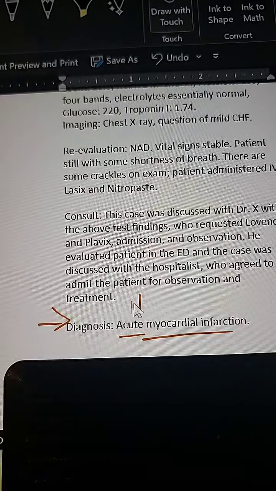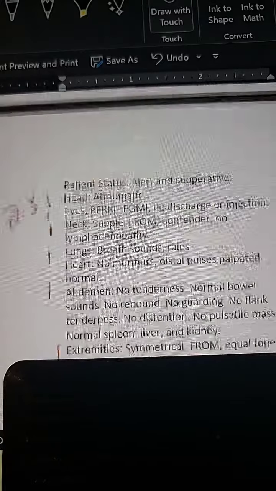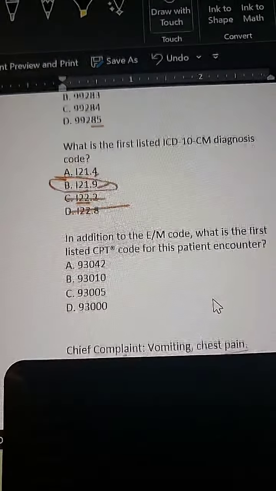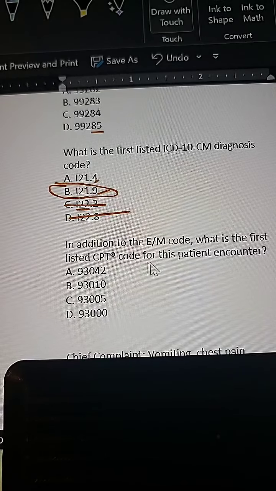What they diagnosed was just acute myocardial infarction, which is unspecified, which would have been the 9 code anyway. They would have said something about STEMI changes if they were going to actually use the 4. Anyway. All right. Now it's asking us what else needs to go with these.